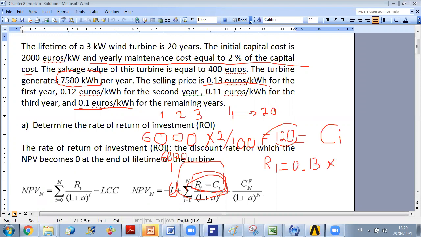Sometimes, instead of giving you directly the number of kilowatt hours, they can just give you the number of hours of operation, because you know that the power of your turbine is 3 kilowatts. So if I tell you the number of operating hours of your turbine, for example 2,500 hours, you can assess the energy produced.